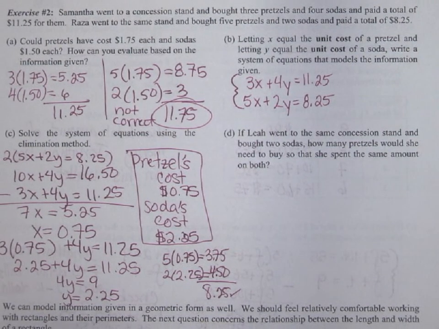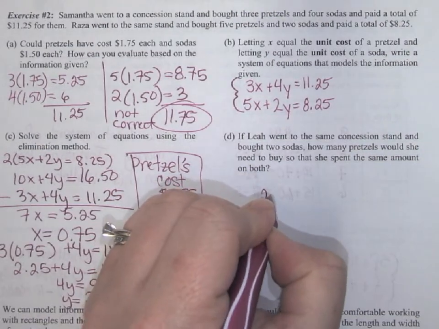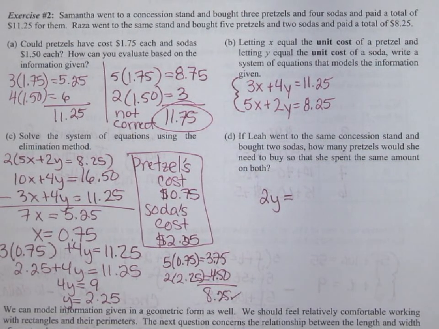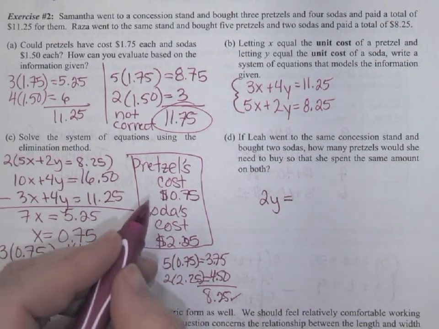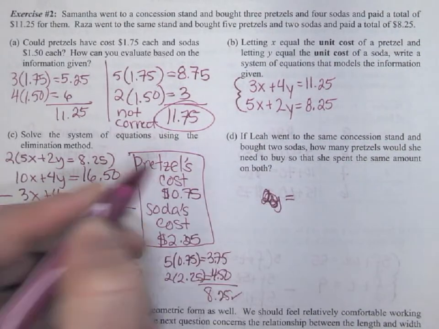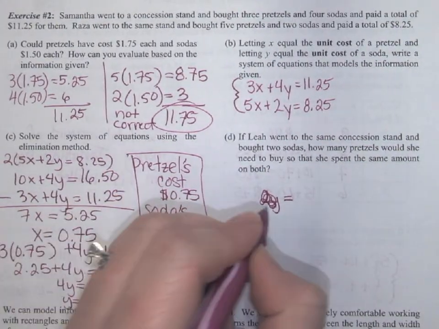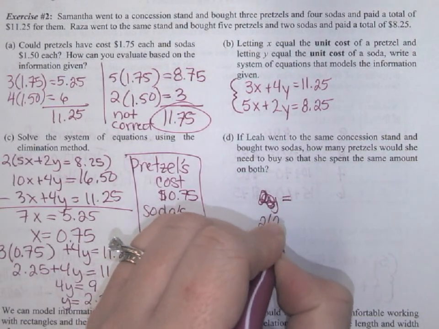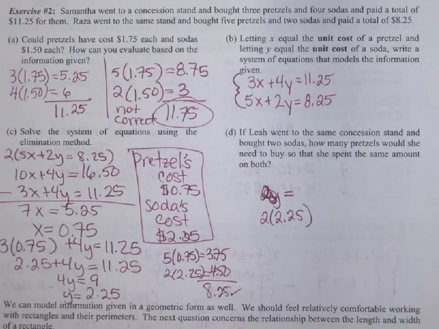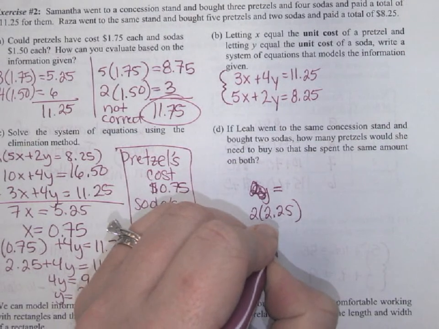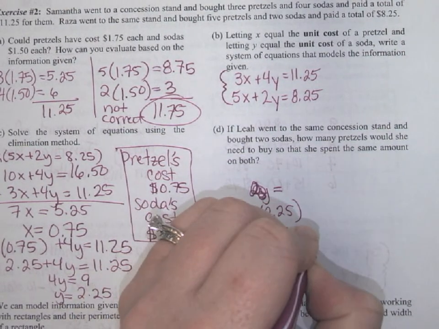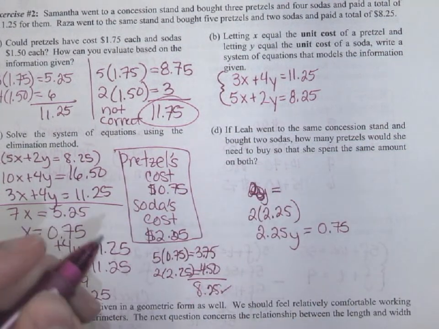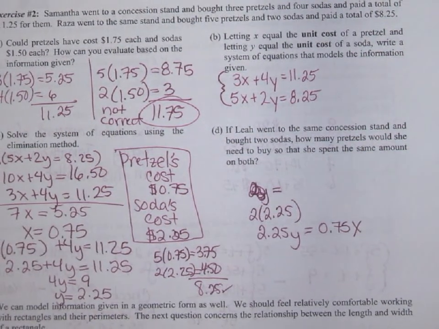So I want to have 2y equal... sorry, I'm not going to do that. I'm going to do it by the cost. So 2 sodas, so 2 times 2.25, right? Or you could do 2.25y must equal 75 cents times x.